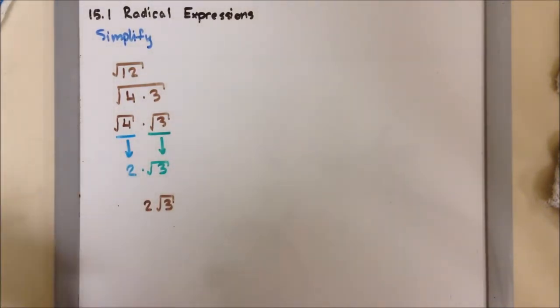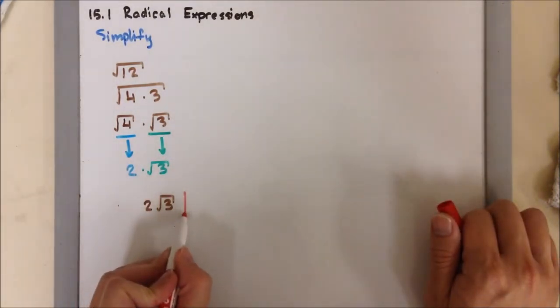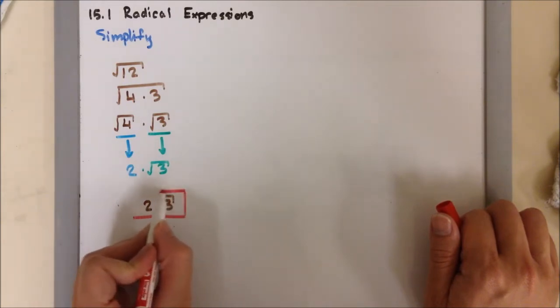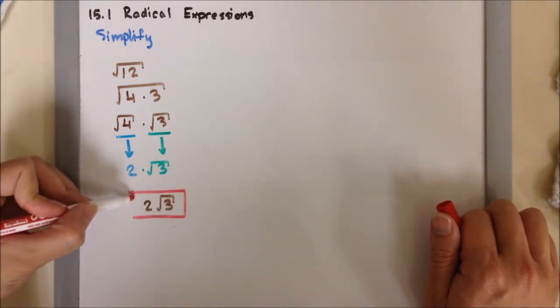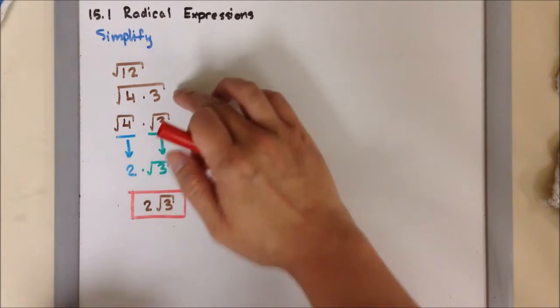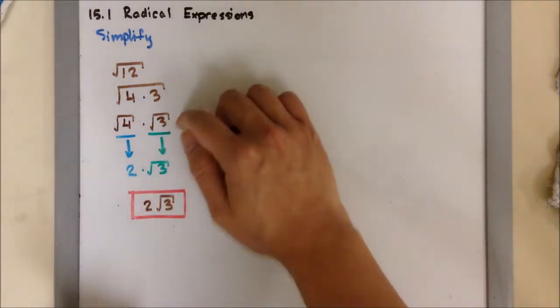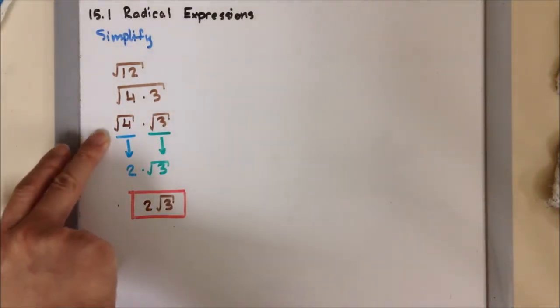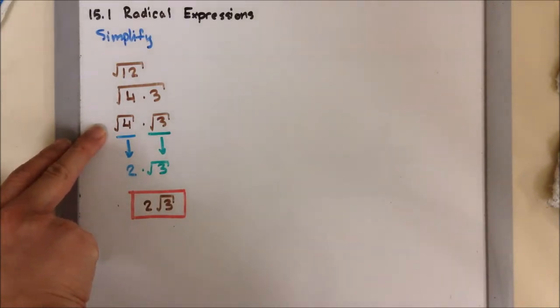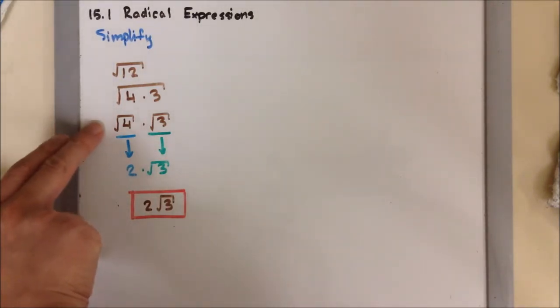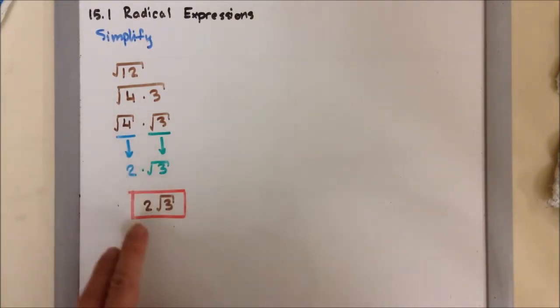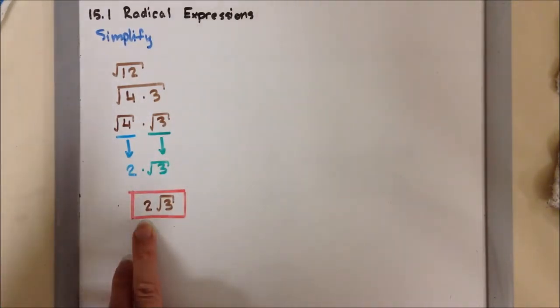And to review, we broke square root of 12 into two factors, 4 and 3. 4 is a perfect square number, so that's why we use this pair. We broke it down into two square roots. We put the perfect square number, in this case a 4, in the front because when you simplify it, it's usually going to be in the front. Any number without the radical is always going to be in the front.